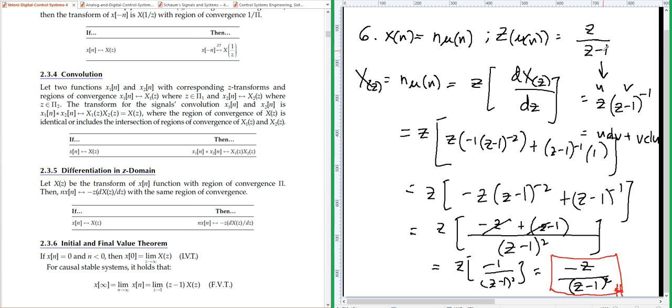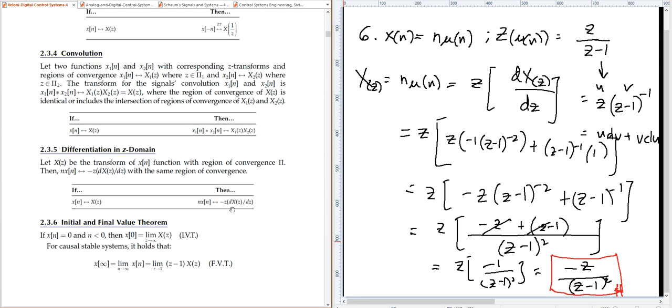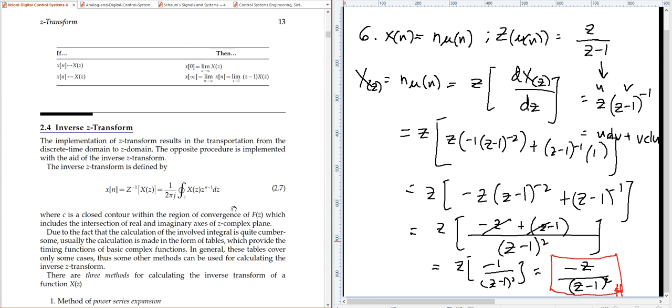I forgot the quotient rule exactly; it is v du minus u dv, divided by v squared. I just used the product rule here and derived the answer. So I think those are the basic properties of the z transform.